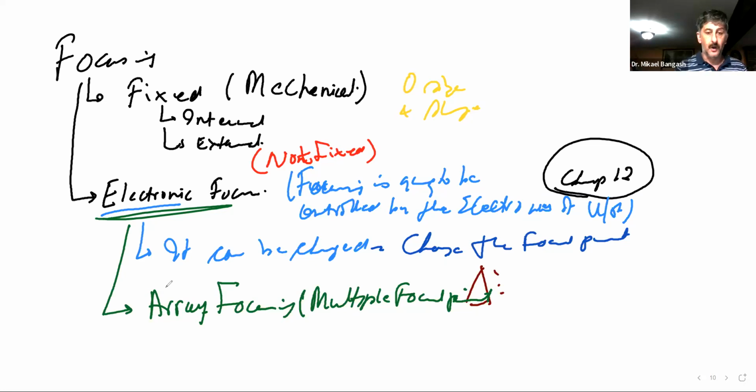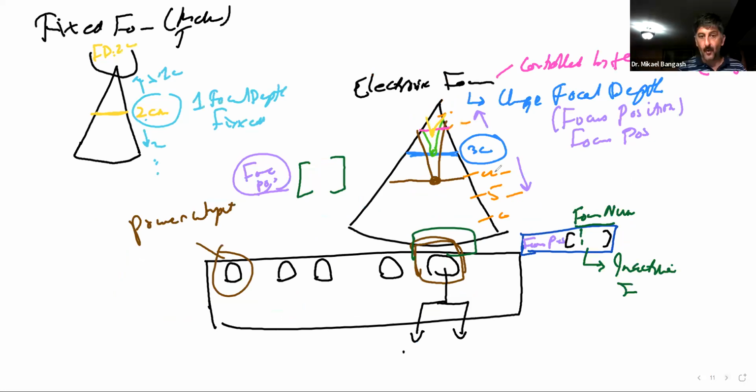What the word array means here is that not just one focal point, but we are able to have multiple focal points. You are not stuck at focusing at one depth, but you can have a focus at multiple depths at the same time. Did that make sense? That is what we will call array.